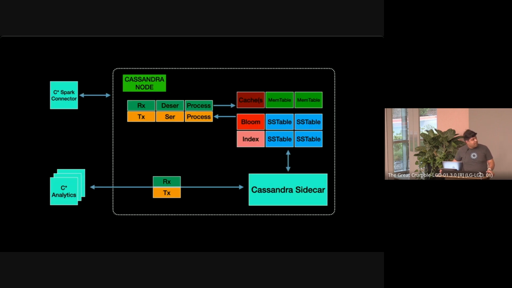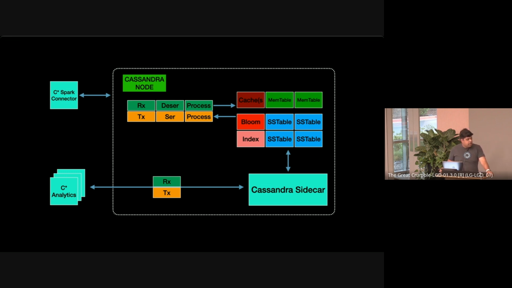The top part is how the normal read and write path is still going to work. The bottom part is how the analytics library works. What it does is essentially use the Cassandra sidecar, which is deployed alongside the Cassandra node, as a side channel to retrieve SSTables or push SSTables onto the host that is running the Cassandra daemon.